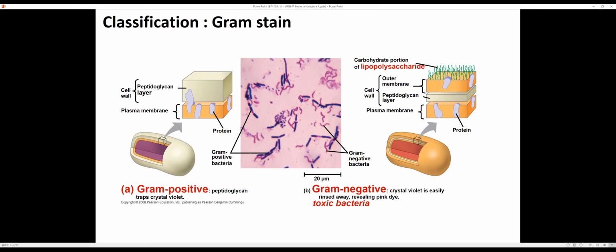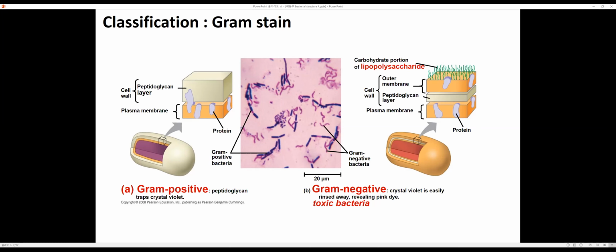That's why there are two layers here, one layer and then two layers. If gram-negative bacteria is resistant to the staining material, in the same way it is resistant to antibiotic molecules. The drug molecule should pass through one layer, then a second layer. That's why it is more difficult to get inside the bacteria. So gram-negative bacteria are usually more resistant to antibiotics and do not allow the antibiotic access to the inside material of the bacteria.